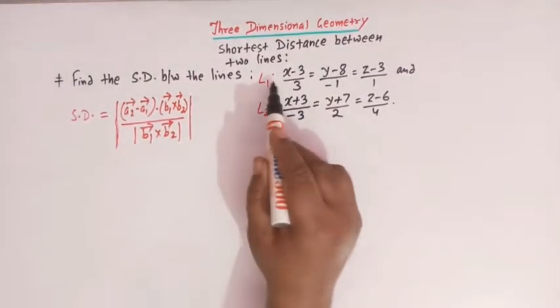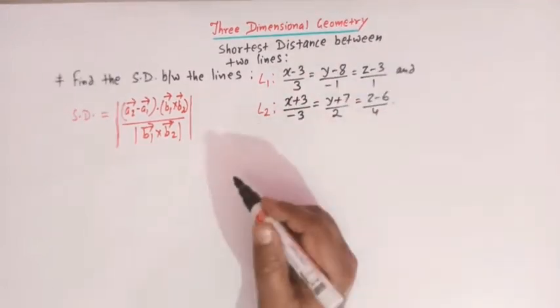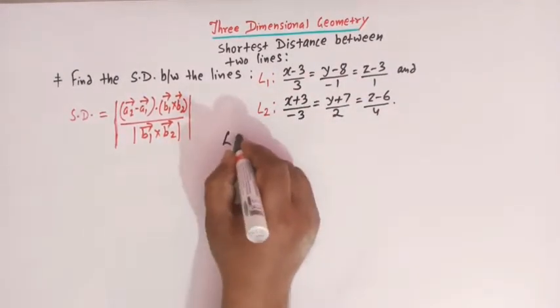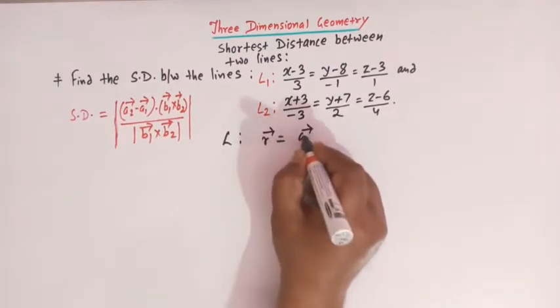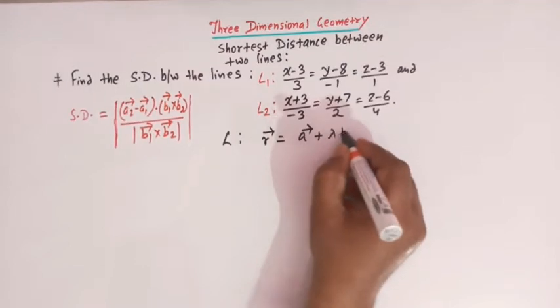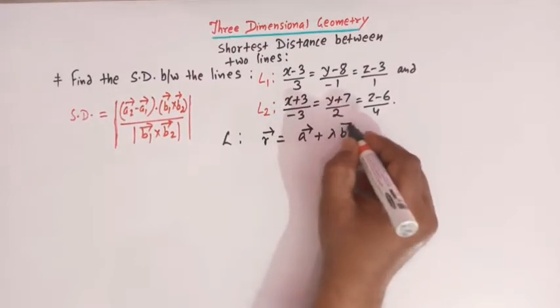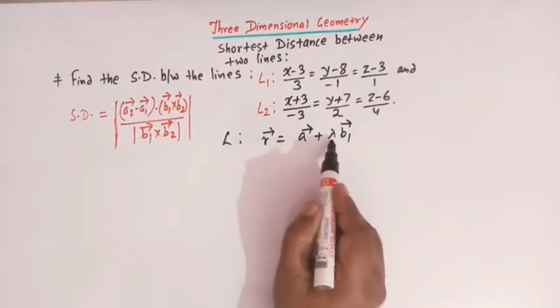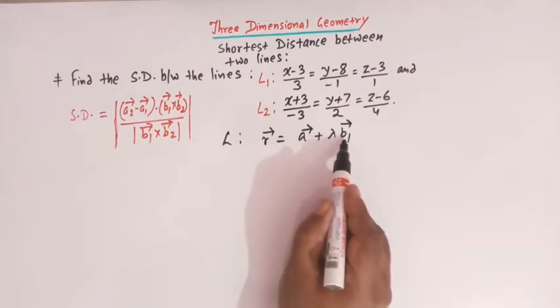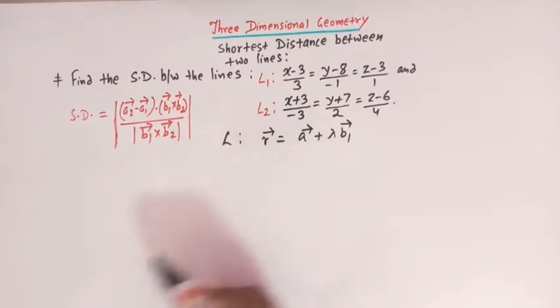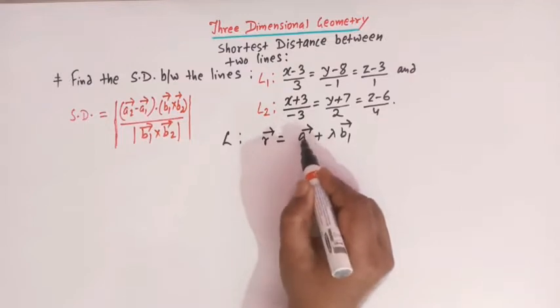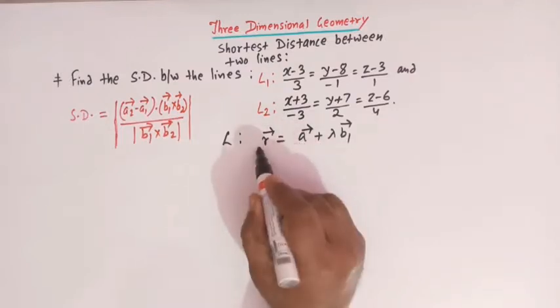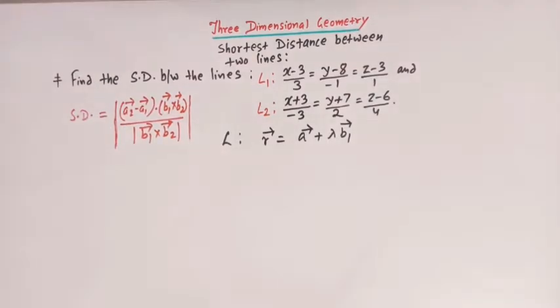The vector equation of any line is given by vector r equals vector a plus lambda times vector b, where lambda is a scalar, and vector b is the vector to which the line is parallel. Vector a denotes the point through which the line passes.